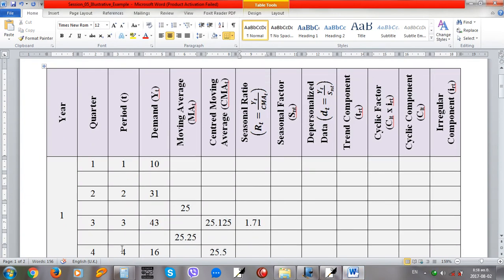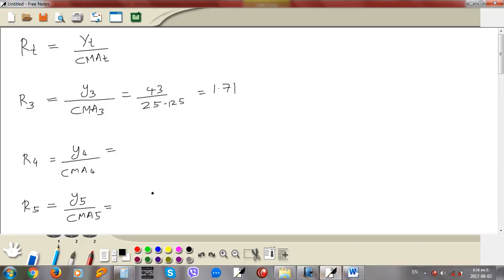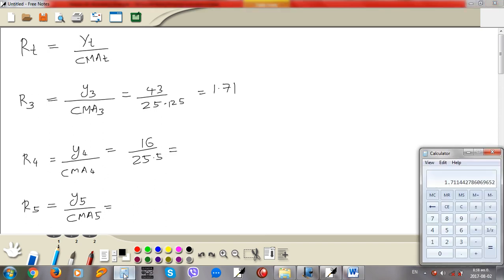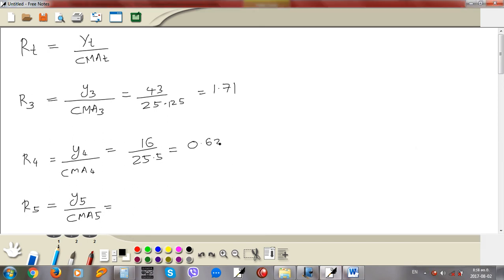To find R4, that is Y4 divided by CMA4, Y4 is 16 and CMA4 is 25.5. It means 16 divided by 25.5, and the value is 0.627, which is 0.63, right?